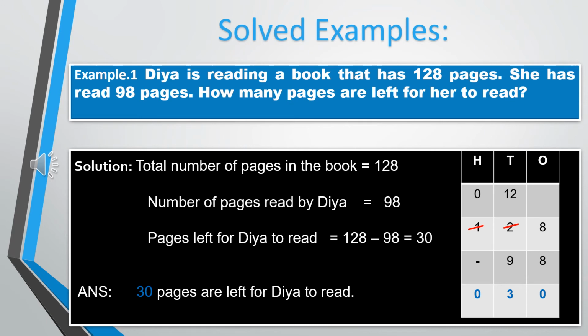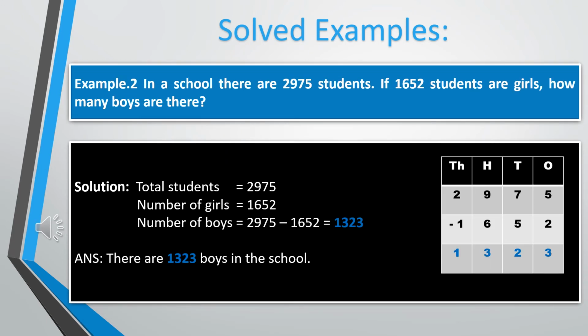Our second word problem is, in a school there are 2975 students. If 1652 students are girls, how many are boys? This is a word problem about a school where 2975 students are studying.